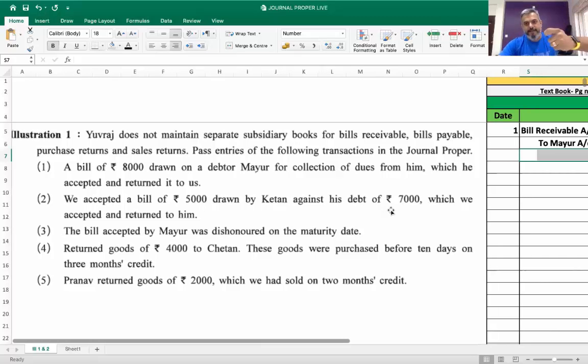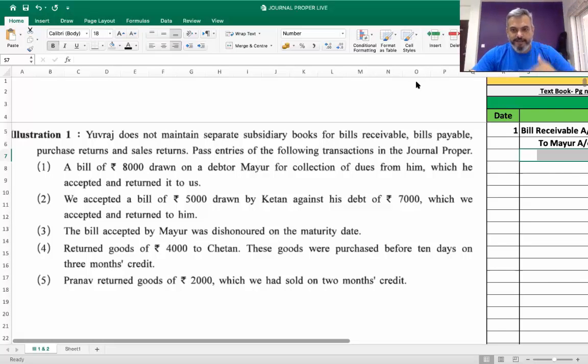Now we are giving a bill which we have signed, we have accepted to Ketan. So Ketan is the receiver of this bill, and for us bill goes out, so bills payable account credit. Or we can also say this way, a liability has arisen in our book, so we credit bills payable account.